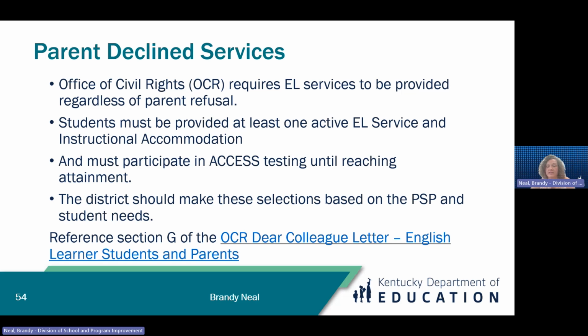If these aren't listed in IC, then you will get an error under EL extract. You must participate in ACCESS testing until reaching attainment, and the district should make these selections based on the PSP and the student needs. Reference Section G of the Dear Colleague letter that is linked here in the presentation.